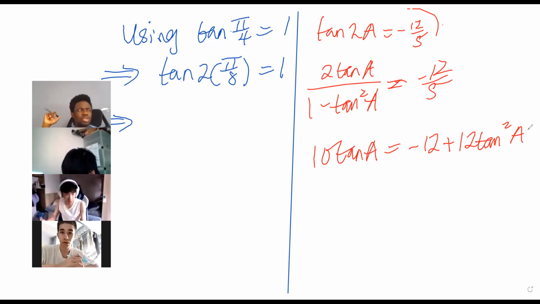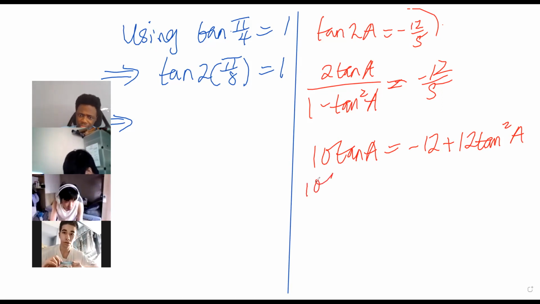Tan A bracket square, what do you mean? Right now we're writing tan square A, so we should write tan A bracket square. Why? Tan A bracket square is the same as tan square A. Why do I need to write bracket? Unless you have a reason for it. I just need to make a clear statement that we're finding tan A.